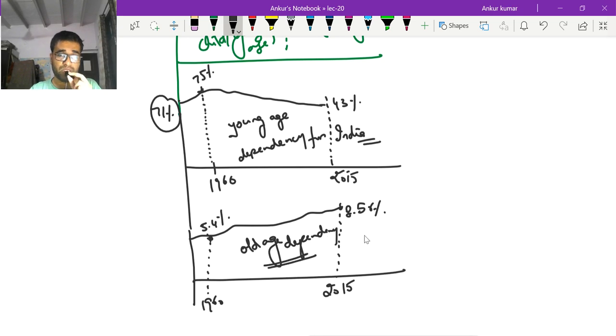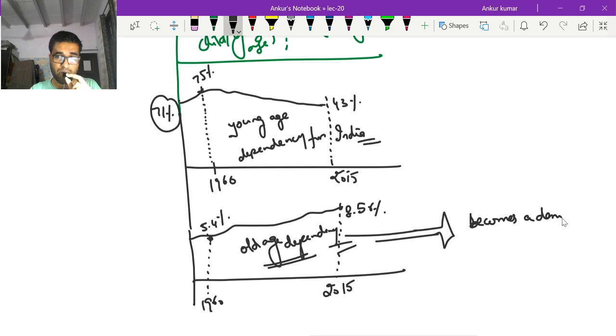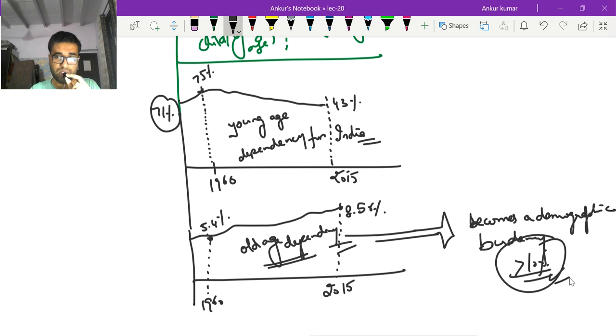But mind you, this old age dependency becomes a demographic burden only when it crosses the 10% mark. For example, in the developed world, there are a number of consequences of the dependency.